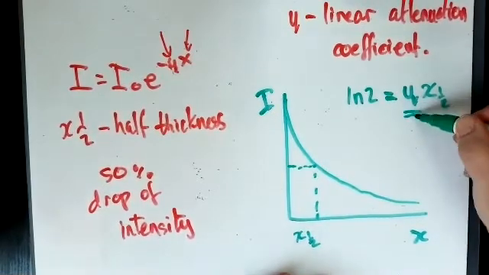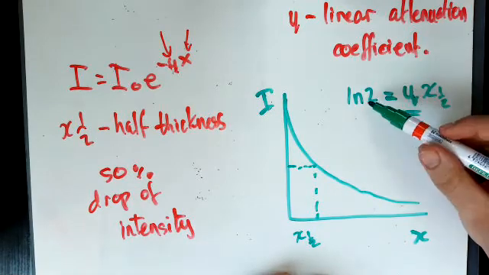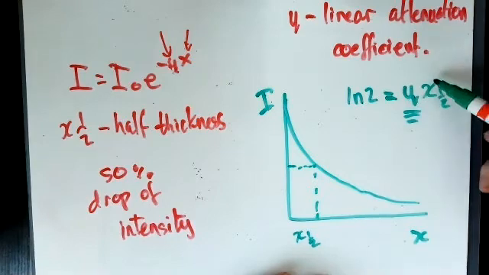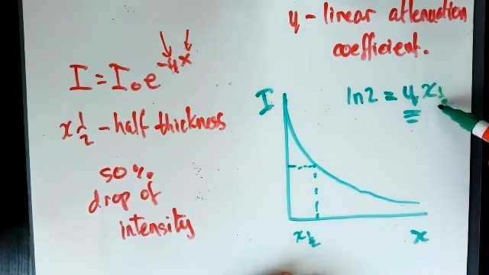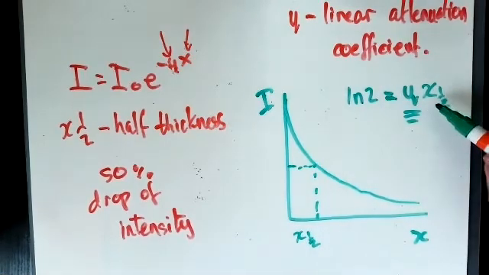So knowing the linear attenuation coefficient, you can work out using this equation what the half thickness of this material is, the thickness required to reduce the intensity of the X-rays to half. So very standard format here, ln2 equals mu x half. Very similar to, like I said, radioactivity.